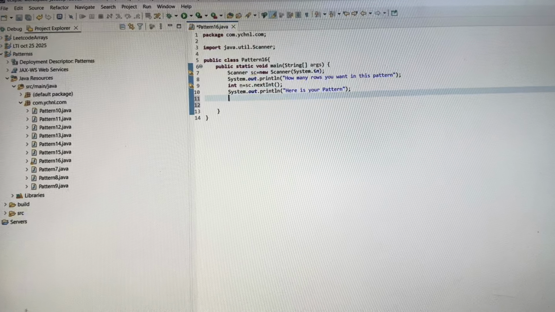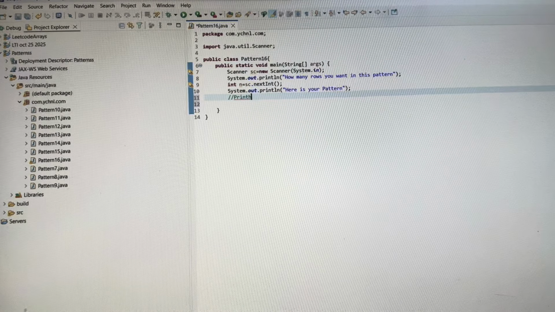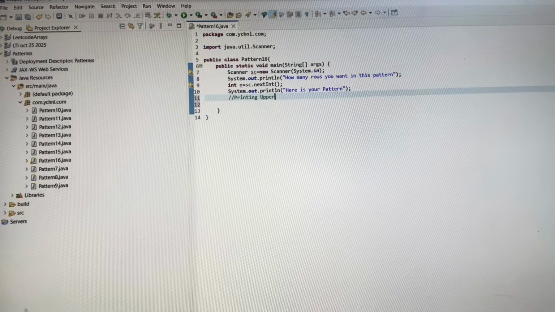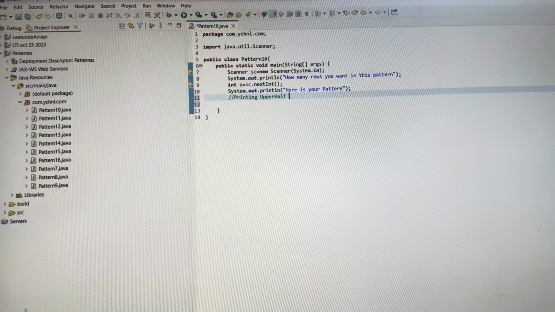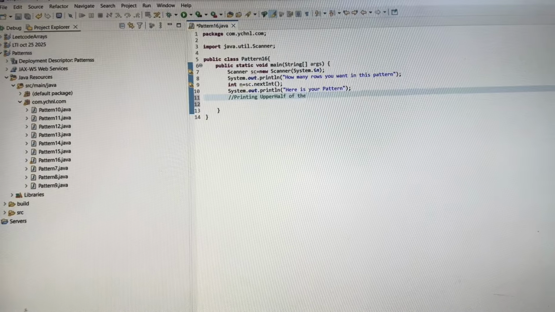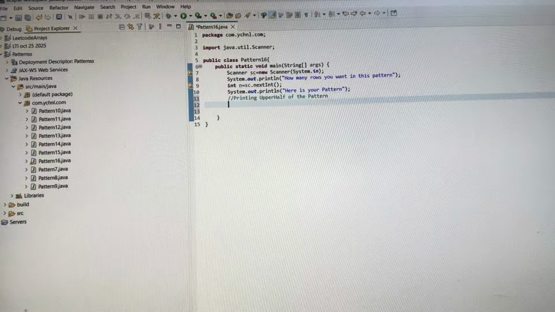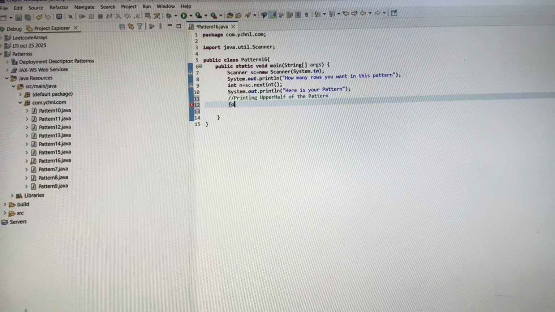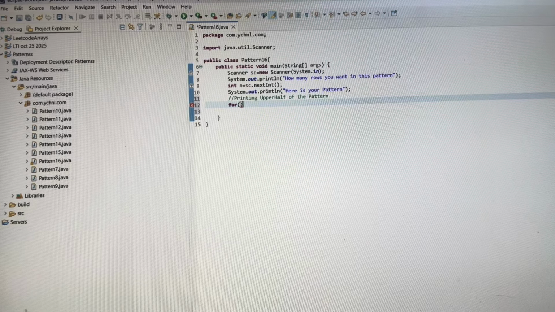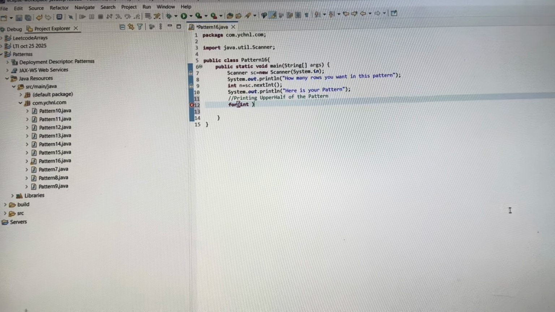So I'm writing a comment: printing upper half of the pattern. To print the upper half of the pattern, int i equal to 1.